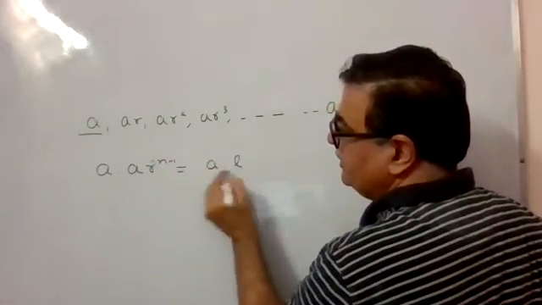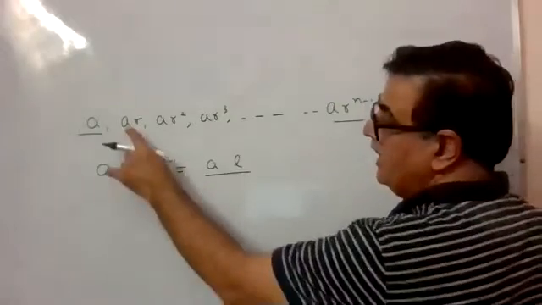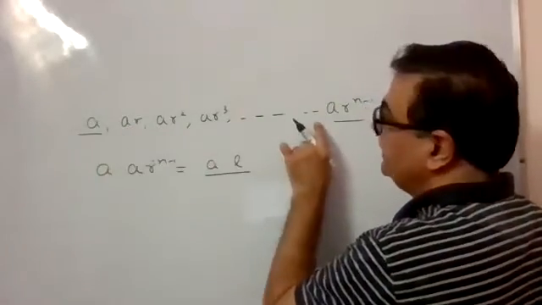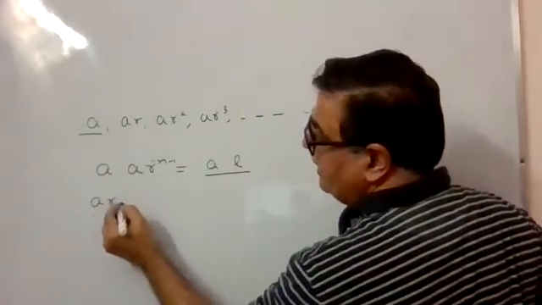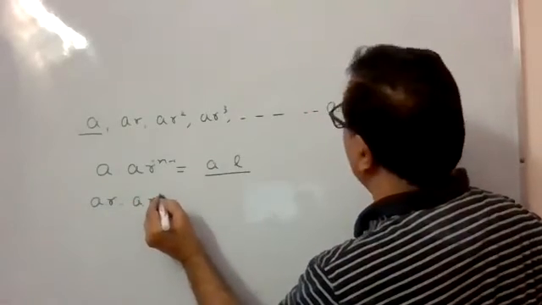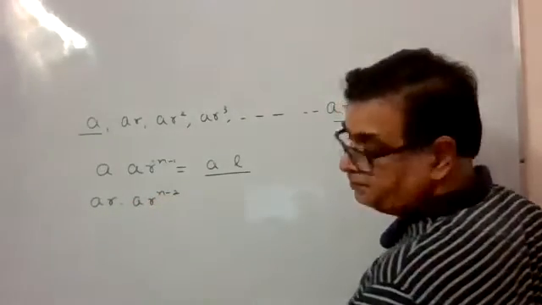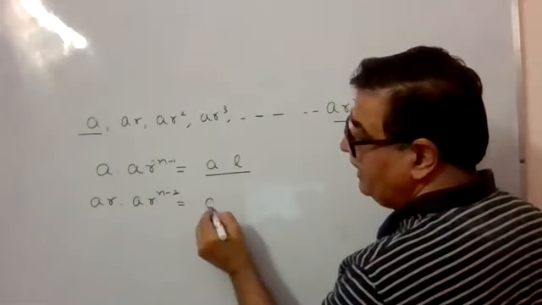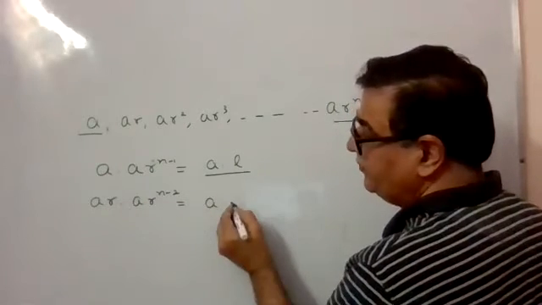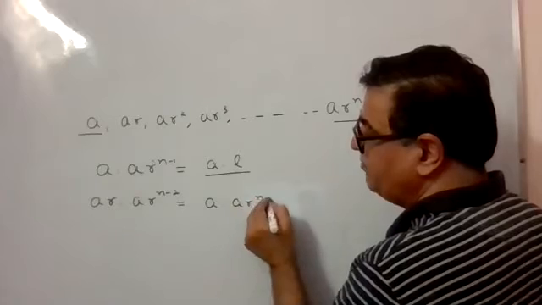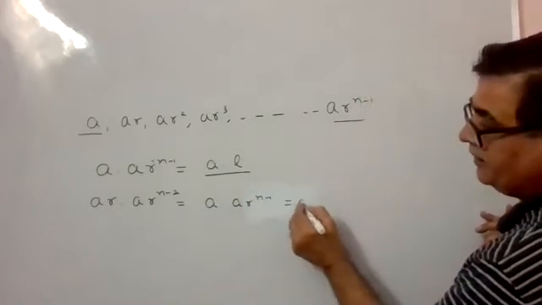Is it the first and the last term? I'll take the second term from here and the second term from here: a r and here it will be a r^(n-2). Now when you solve it, you add the powers and it comes out to be a r^(n-1). Is it coming a into l?